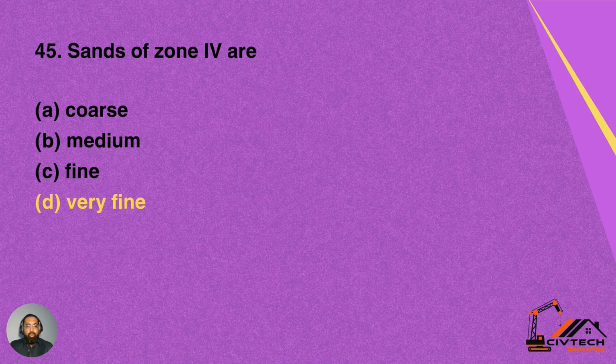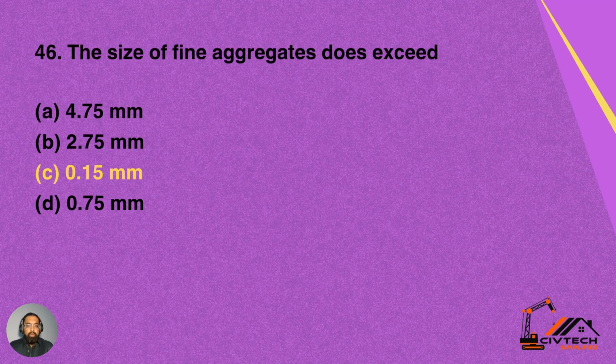Option A is coarse, B is medium, C is fine, D is very fine. So with respect to its number, from coarse to very fine, it changes accordingly. For zone 1 it's coarse, for zone 2 it's medium, for zone 3 it's fine, and for zone 4 it is very fine.